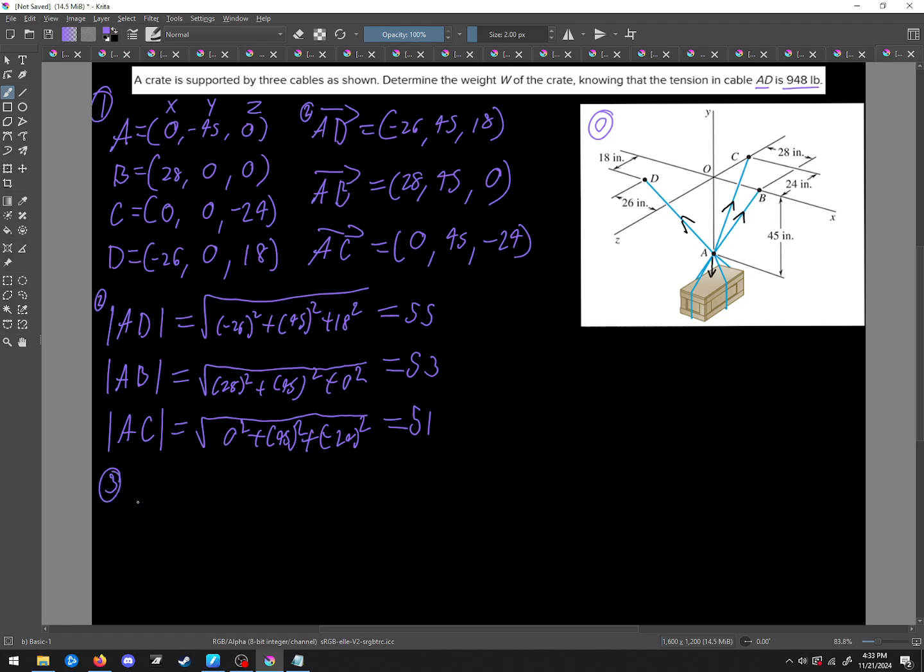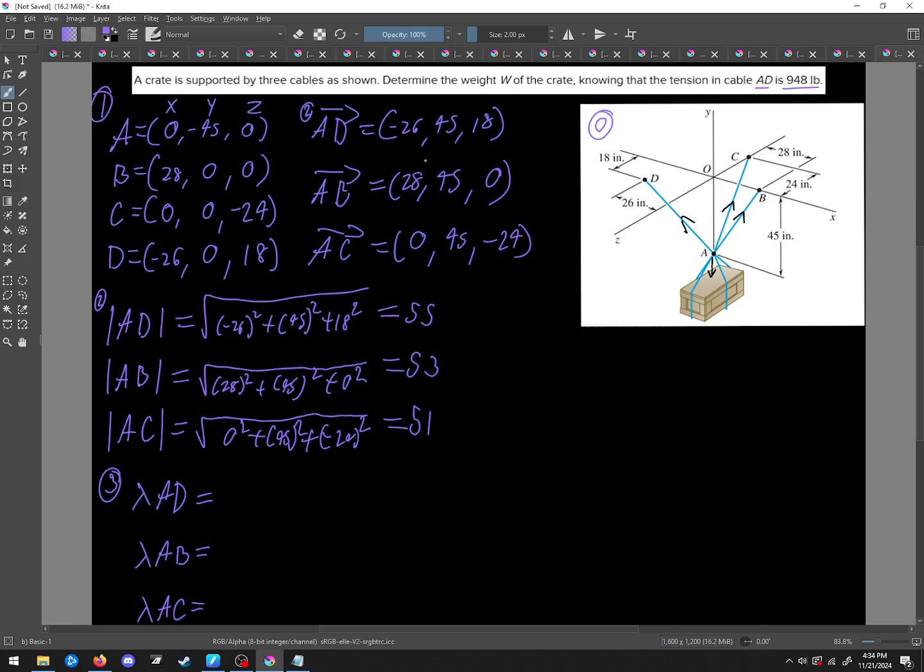Now let's find lambda AD, lambda AB, and then lambda AC. And then all of this is your vector, right?